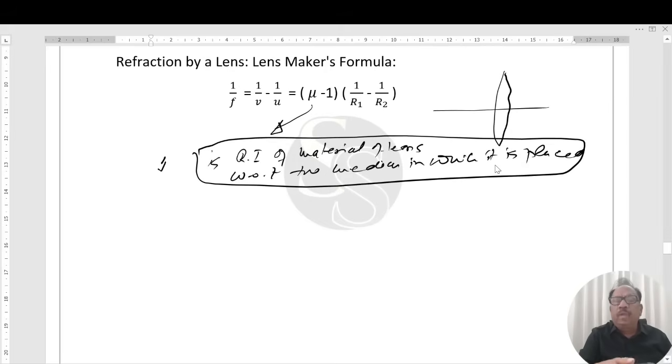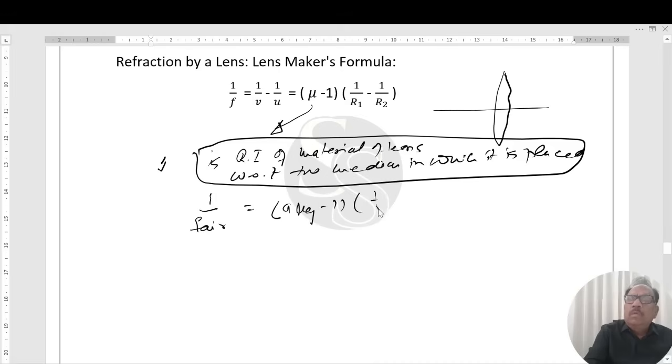Now, first of all, I will write 1 over f air equal to a mu g minus 1 into 1 over r1 minus 1 over r2. This is equation 1. Now, suppose the lens is dipped in liquid of refractive index m, medium.